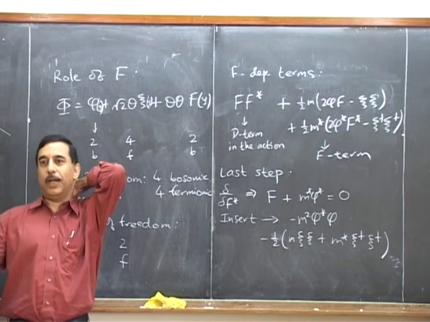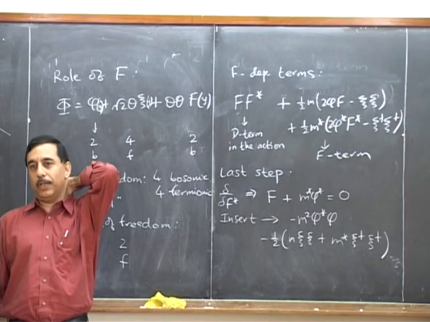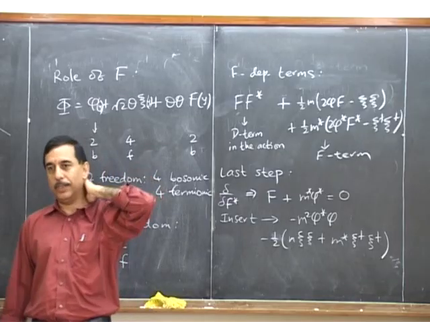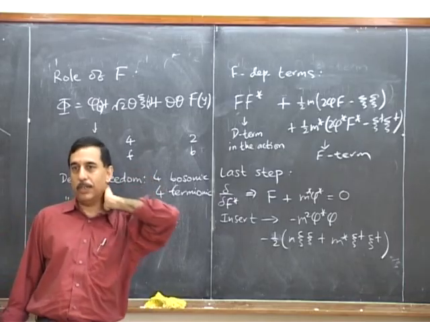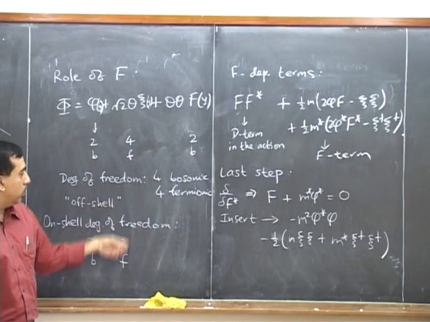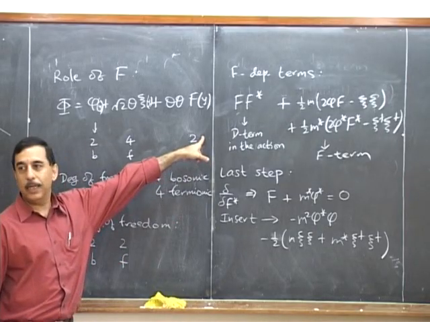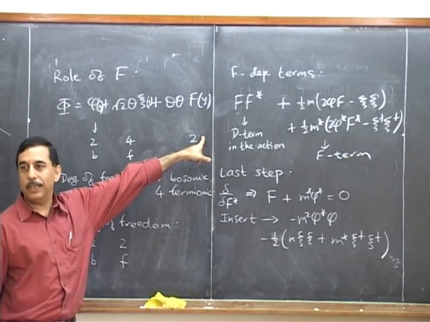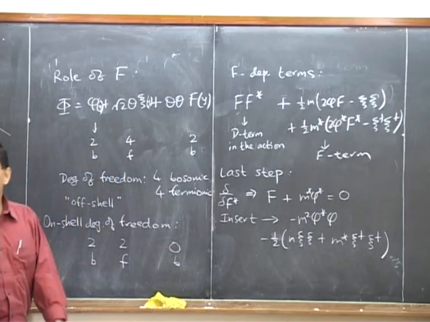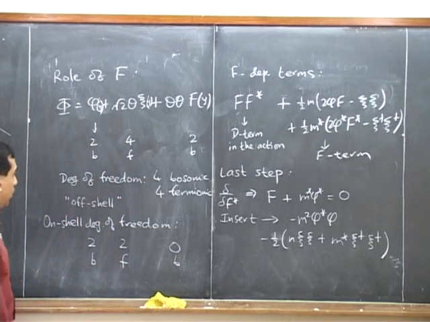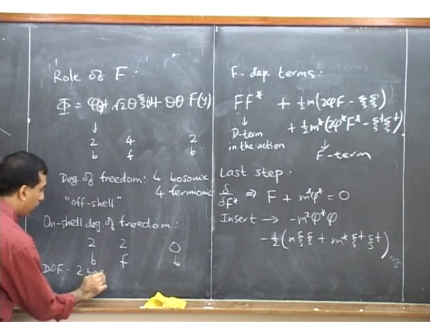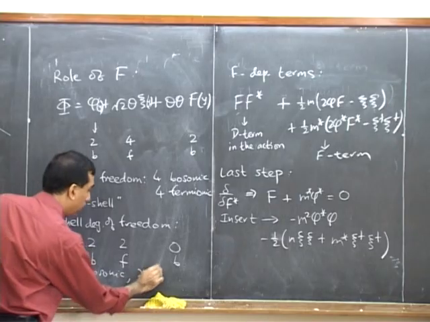Spin up left-handed, spin down right-handed. If you think of it as Majorana, then it's not got a handedness, but it's real, and then it has a spin up and spin down. Whichever way you look at it, the on-shell degrees of freedom of a fermion are 2. So it's been reduced. And on-shell means applying the equations of motion. So the on-shell degrees of freedom of F are none, because we can remove it from the problem. And we see that the degrees of freedom are 2 bosonic, 2 fermionic.